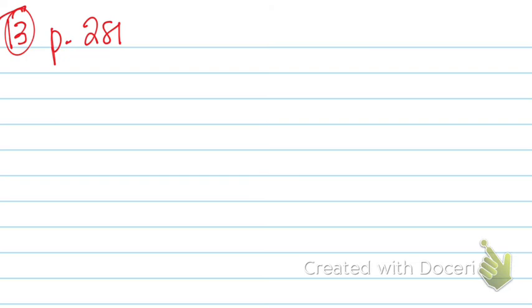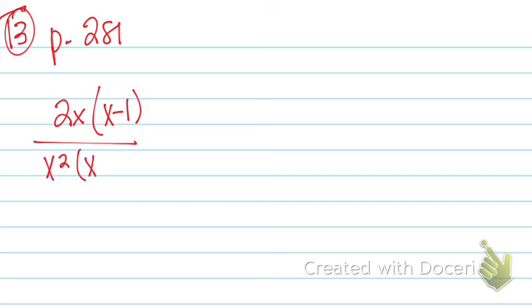All right, so on A, we have 2x times x minus 1 over x squared, times x minus 3 squared times x minus 3 over x minus 1.